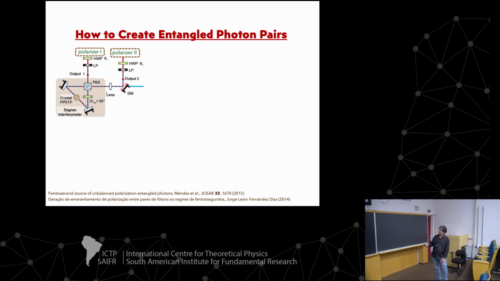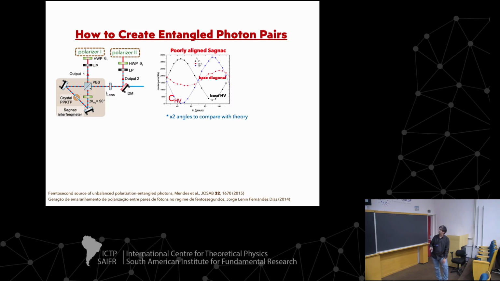And when you actually measure these Bell inequalities, that's what you get. For example, if you have coincidence between vertical polarization in polarizer one, and horizontal polarization in polarizer one, and vertical polarization in polarizer two, and then you just change the rotation angle. Here it is kind of hard to read, but this should be theta 2, and this is theta 1.